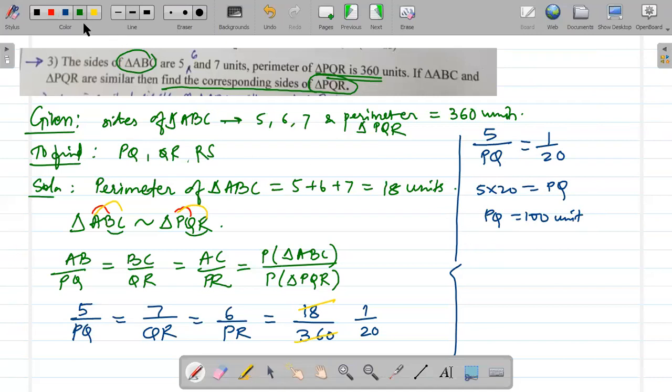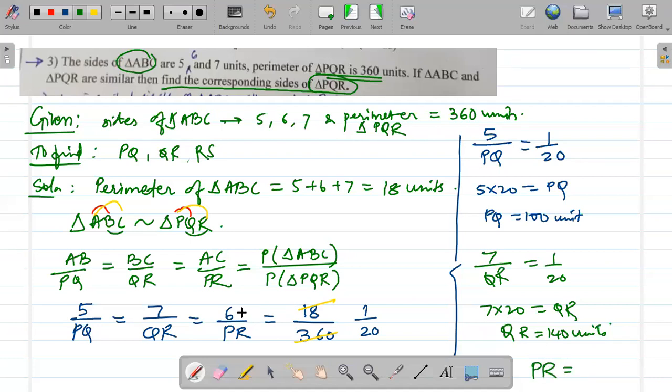Next, you can compare the other two ratios. Let's say 7 upon QR equals to 1 over 20, again cross multiplying. So 7 times 20 is QR, which is equals to 140 units. Likewise, solving, you will get PR to be, cross multiplying like this, 120 units.